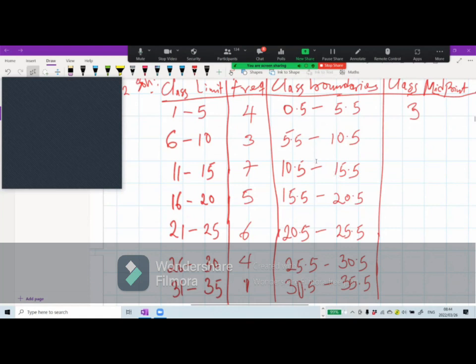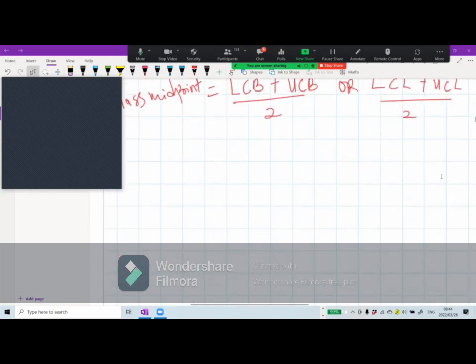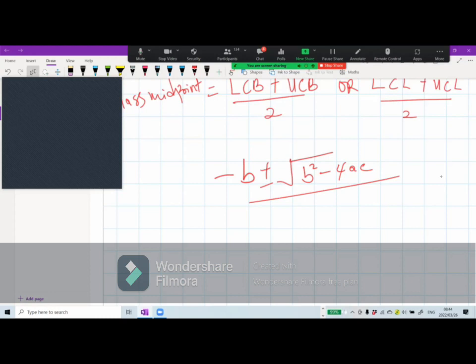I've explained to you several times. Can you explain to me how you get this formula? Minus b plus or minus square root of b squared minus 4ac divided by 2a. Do you still remember?